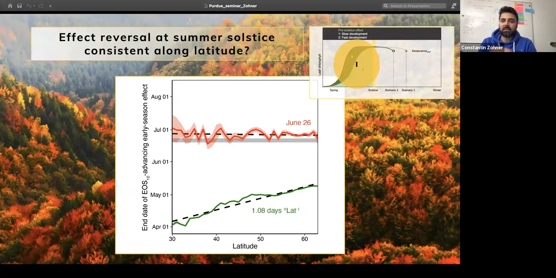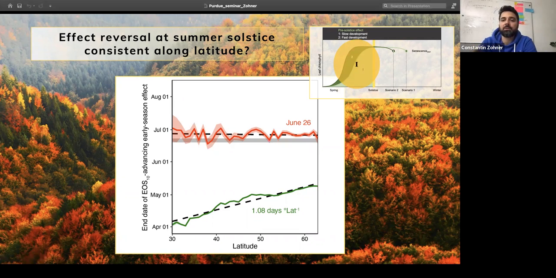For that, I looked at this effect reversal, where the effect of temperature on autumn senescence reverses from negative to positive. And we really saw it, the red line is the important part here. No matter at which latitude you are, the effect is always estimated to reverse around the 26th of June, which is some days after the solstice.